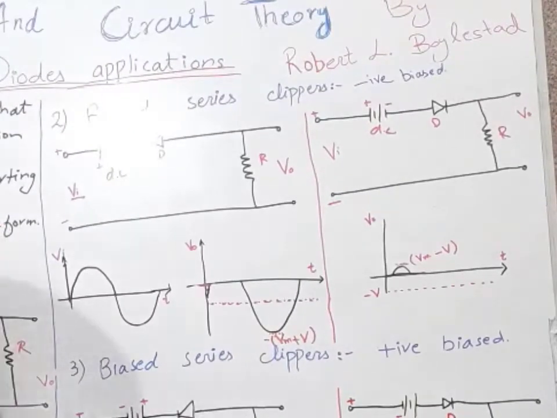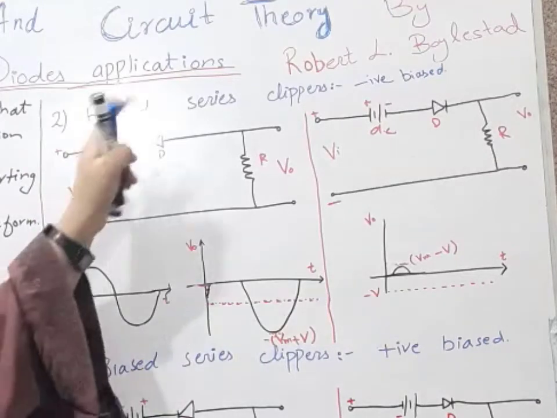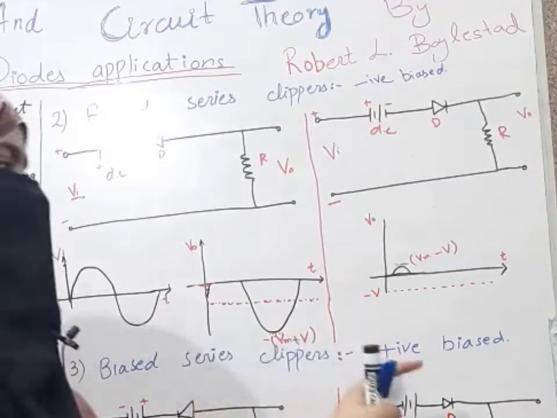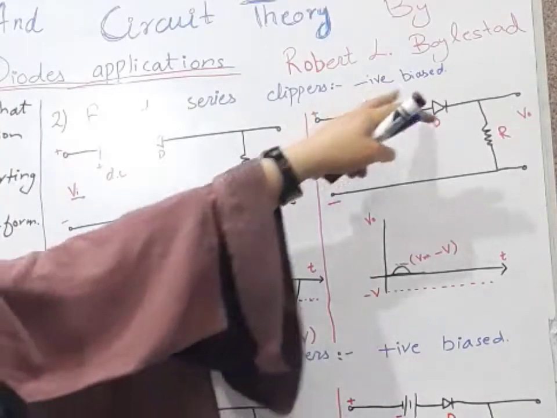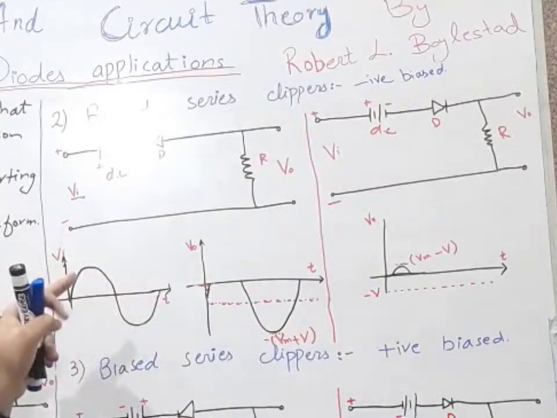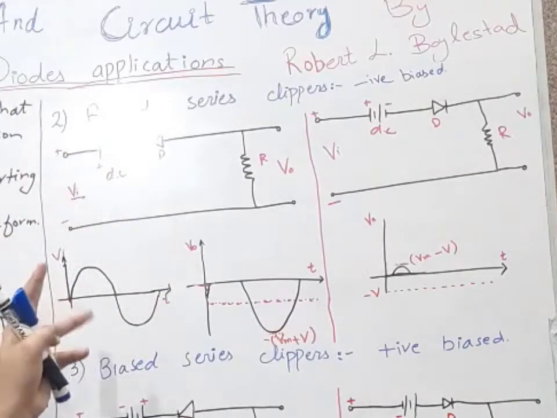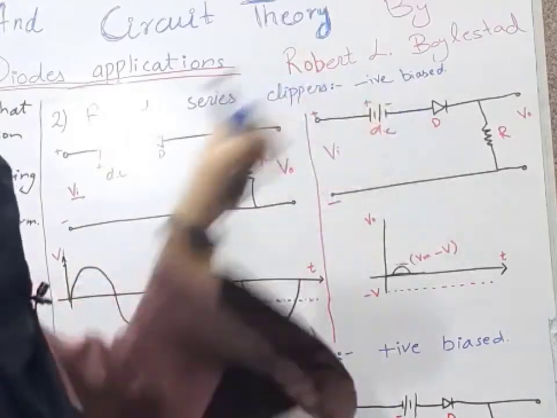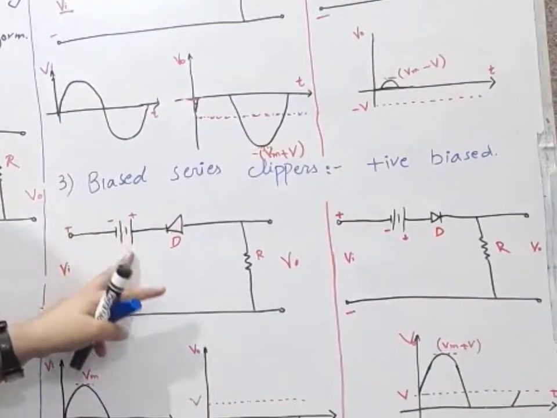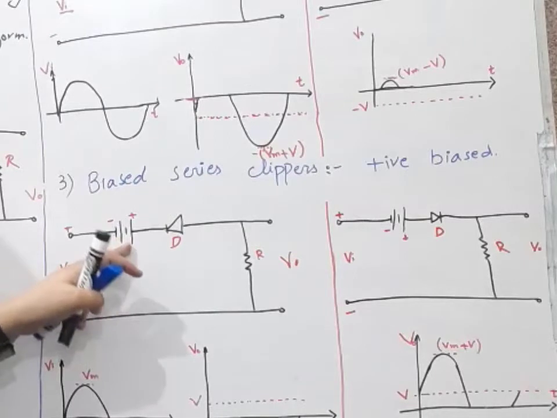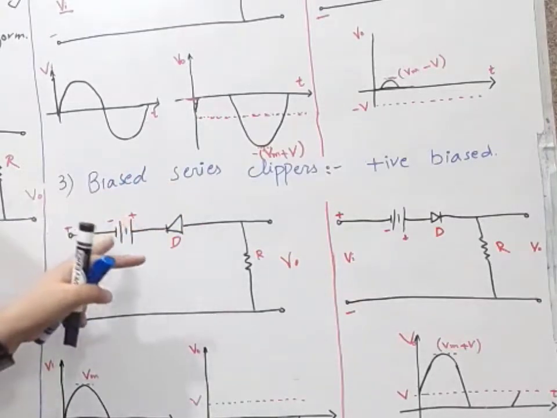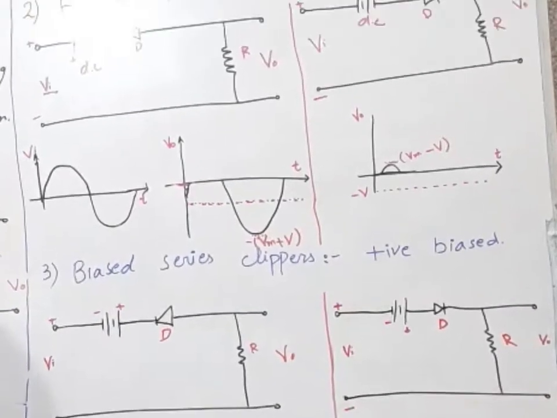Biased series clipper. There are two types of biased series clipper: biased series clipper with negative biasing and biased series clipper with positive biasing. Negative biasing means that when the negative terminal of the battery is connected to the diode, we call it negative biased. When the positive terminal of the battery is connected to the diode, we call it positive biasing.